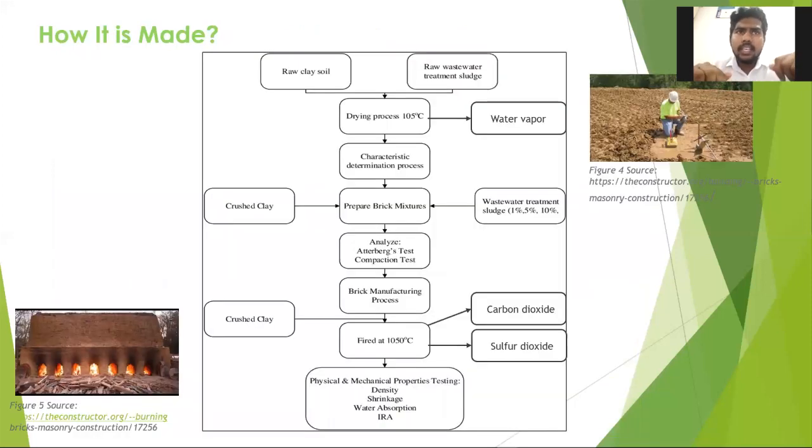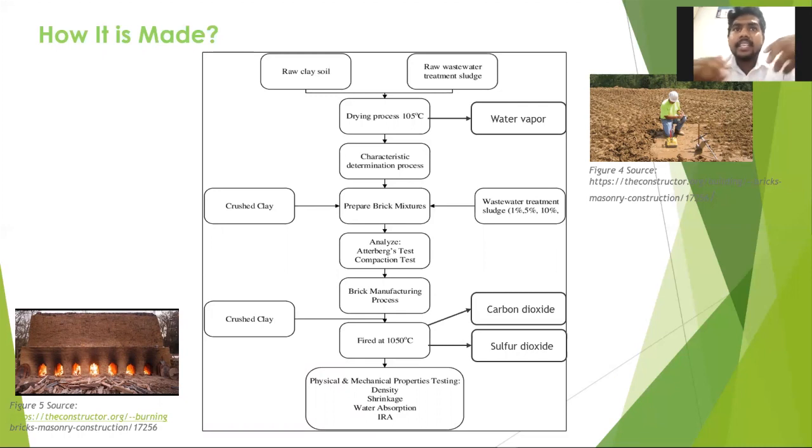In this complex diagram, we have shown the manufacturing process of the burnt bricks. As I described very briefly, starting from the very beginning, we mix raw clay, soil, and raw wastewater treatment sludge together, then move into the drying process. Likewise, we then shift from preparing the brick mixture to the filtering process.